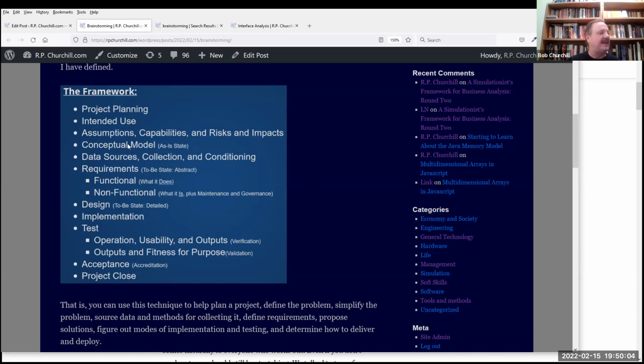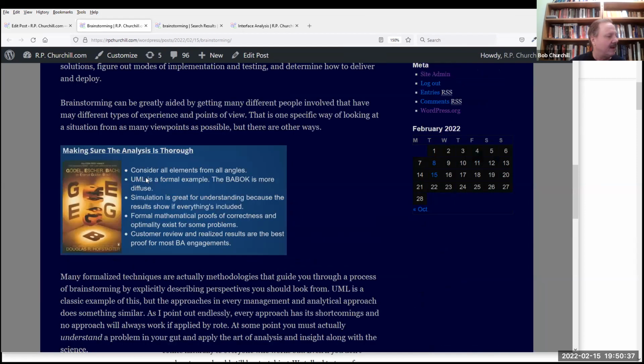Typically, you do it in the conceptual model, which is figuring out what's going on, and design and implementation to some degree, and maybe requirements, but it applies just as much to data and test and acceptance and project planning, intended use, problem definition, everything.